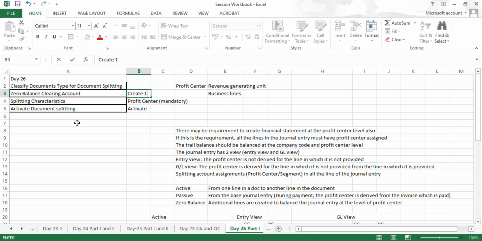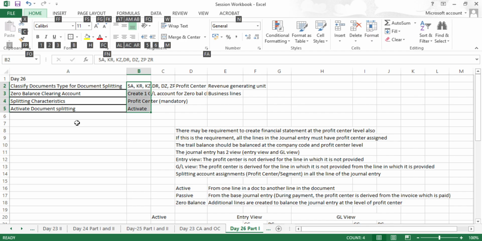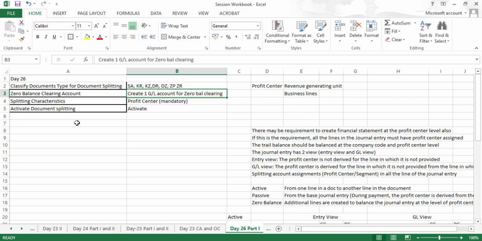We will create one GL account for zero balance clearing, and we will classify some of the basic document types for document splitting: SA, KR, KZ, DR, DZ, ZP, ZR. These document types we will classify for document splitting.